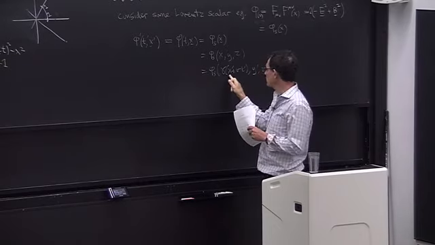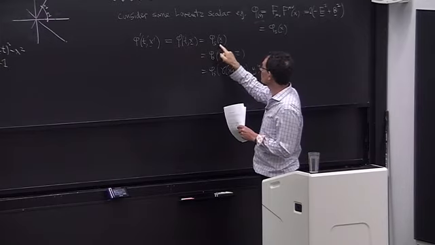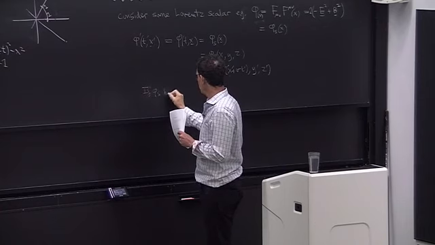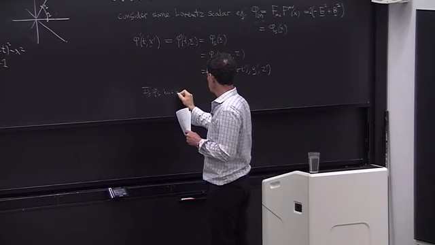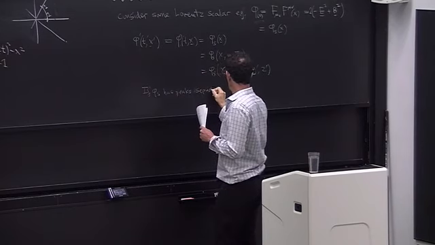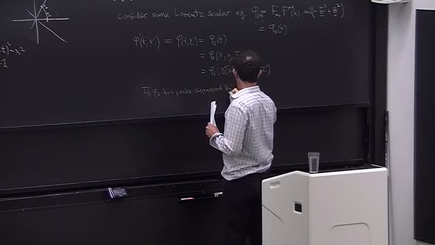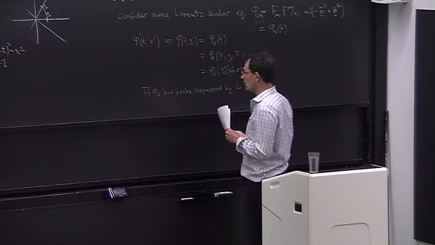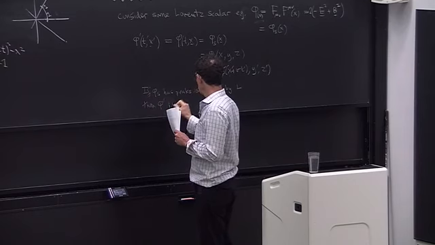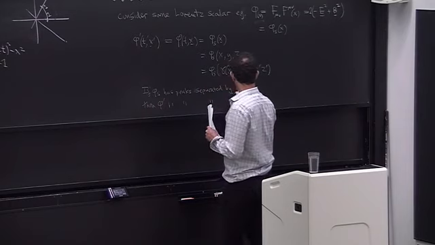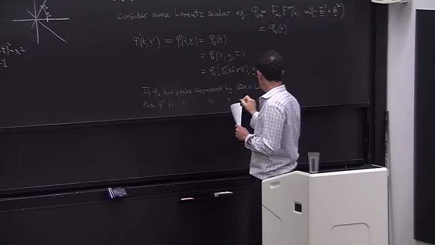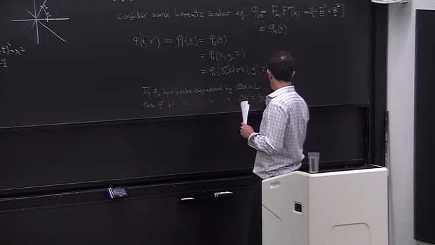And now if I ask, what is the distance between the peaks? If phi s has peaks separated by L, then phi prime has peaks separated by, so this means delta x equals L, the change in x is L, separated by delta x prime equals L over gamma.